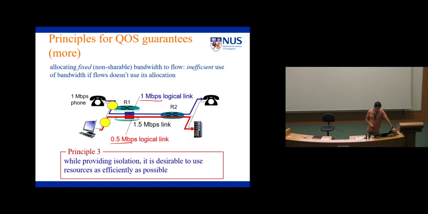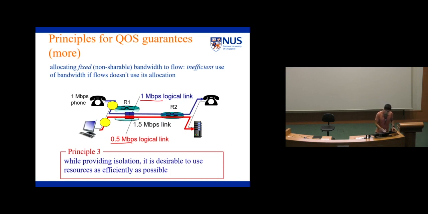But it causes other problems. What if that voice over IP application is only intermittent? It's not continuous. And even if it is continuous, there are talk spurts and there are also silent periods. In these silent periods, we learned that we are not sending sound chunks; we are not sending any packets, or very few packets. So we could opportunistically use these silent periods, but we are not making use of them.